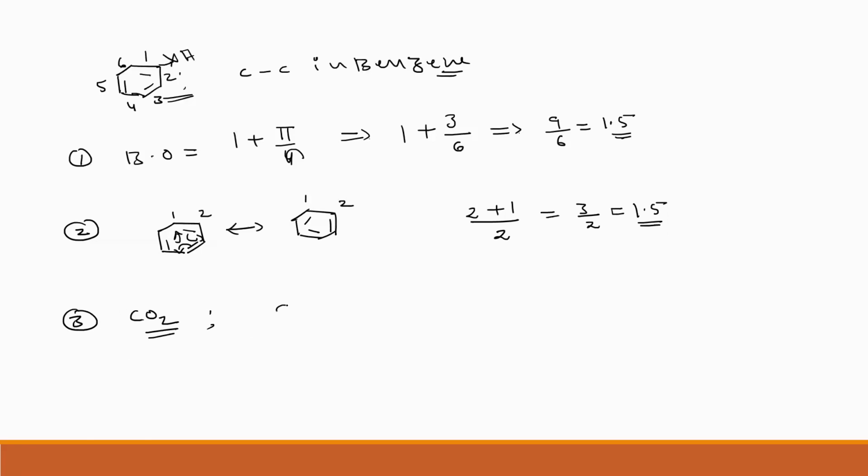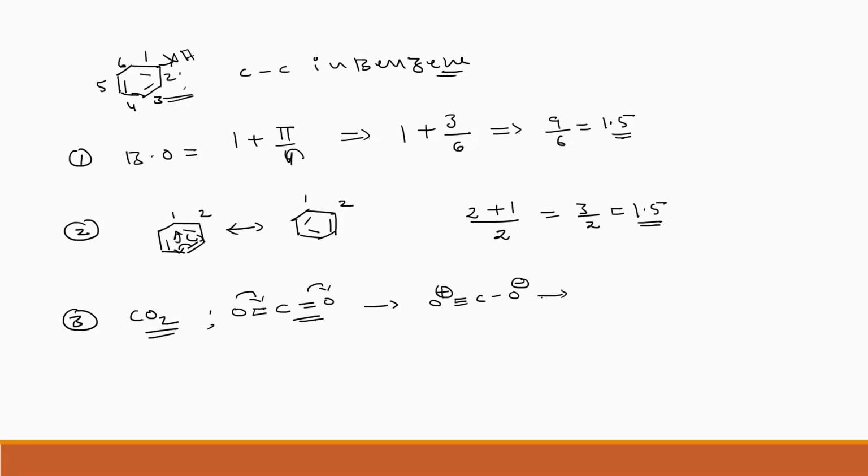The structure of CO2 can be written like this. The possible resonating forms for carbon dioxide: this electron can migrate like this and this electron can migrate like this. So what will it give? It will give O positive, O triple bond C, O minus.